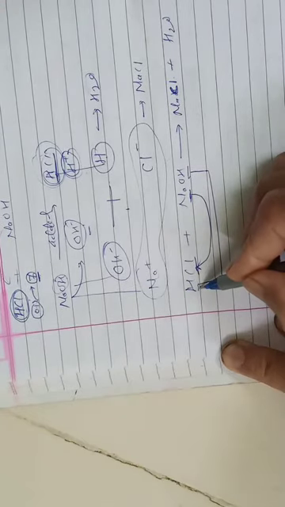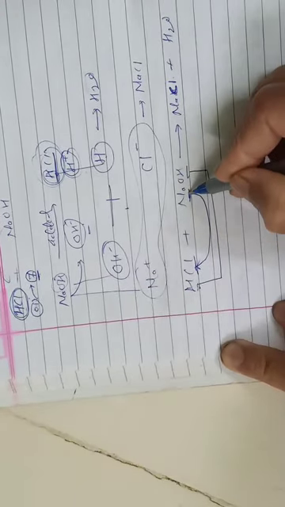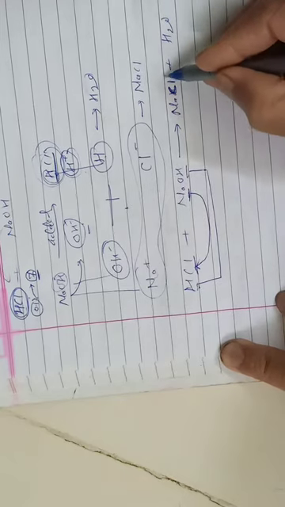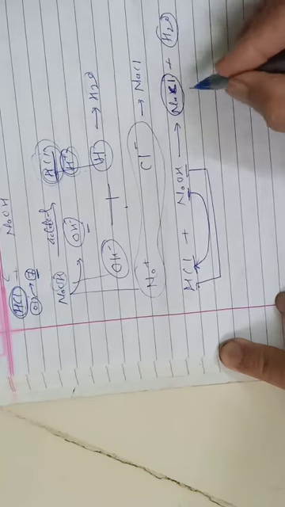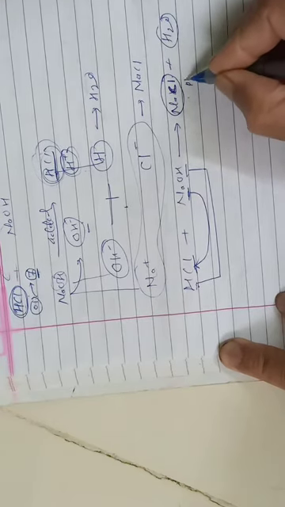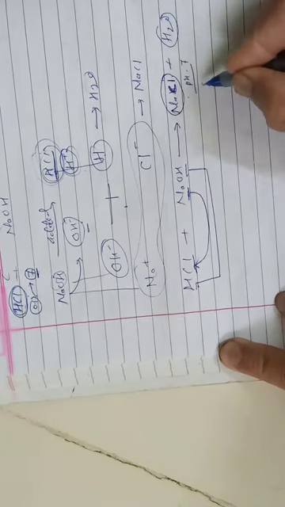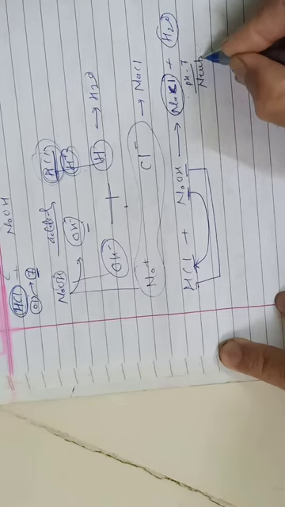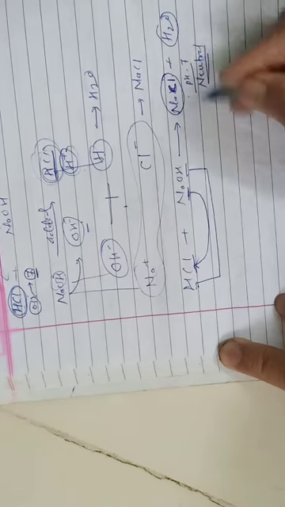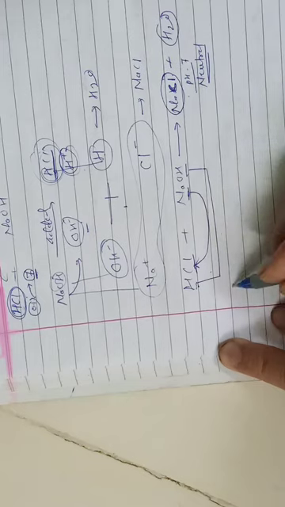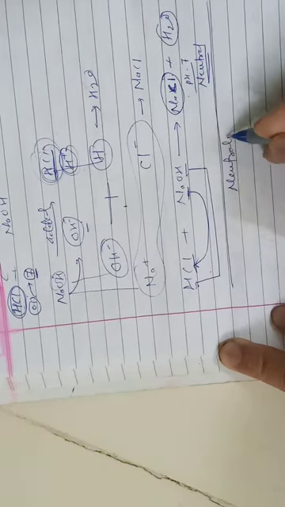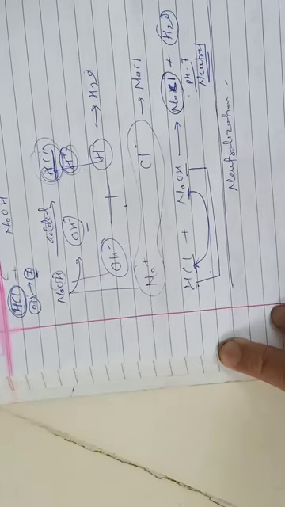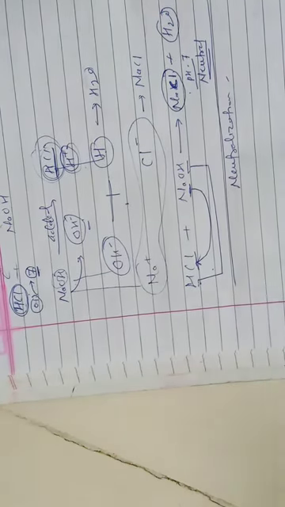Here hydrochloric acid is an acid and sodium hydroxide is a base. But in this reaction NaCl and water are formed. Both have pH 7, which means these substances are neutral. So this reaction is known as a neutralization reaction.